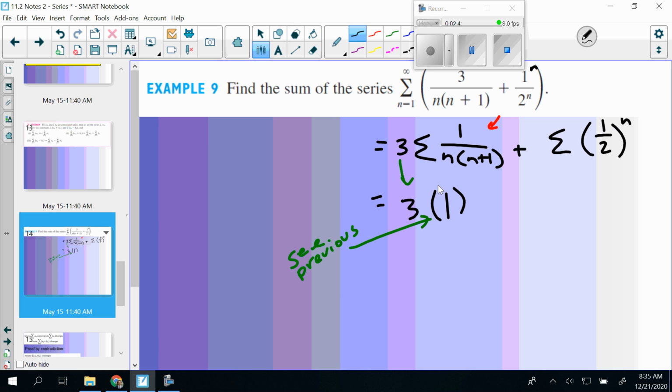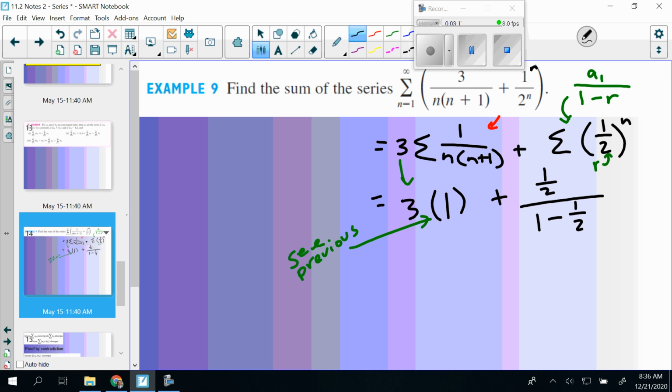And then our other one over here, this is a geometric one, and we looked at geometric in a previous lesson too. Remember geometric, if you want to find that sum, we want to do our a1, our first term, over 1 minus our ratio. And so here our first term, if we put 1 in there, would be 1/2, over 1 minus our r, which here is 1/2, and so this would be half as well.